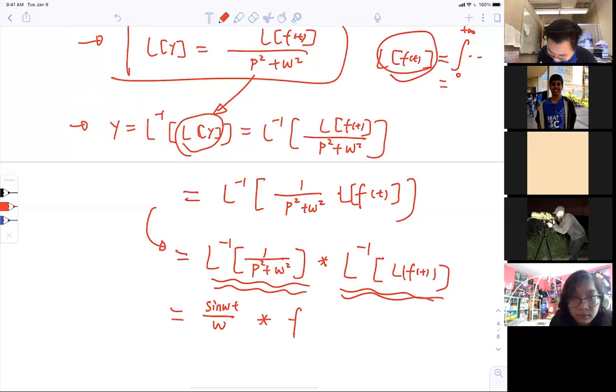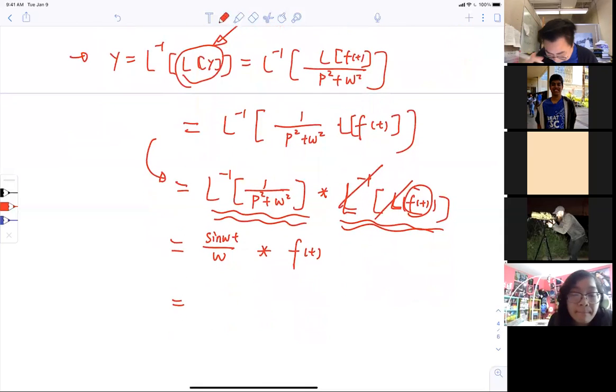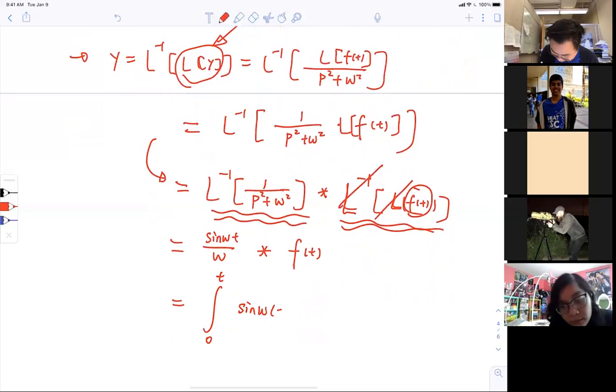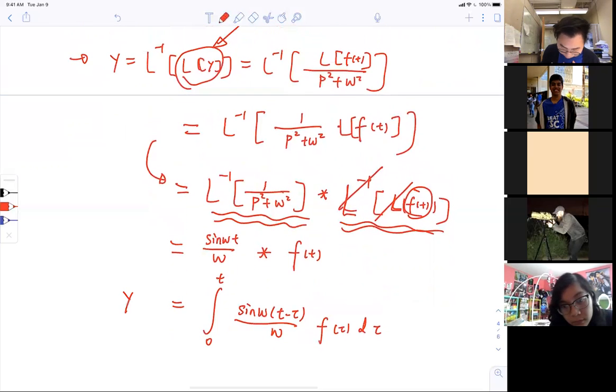This is nothing but f(t), because L inverse cancels with this L, so we're left with F. So it's the integral from 0 to t of sine omega (t minus tau) over omega times f(tau) d tau. So this is our y. Is it clear what I'm doing here? Any questions, just let me know.